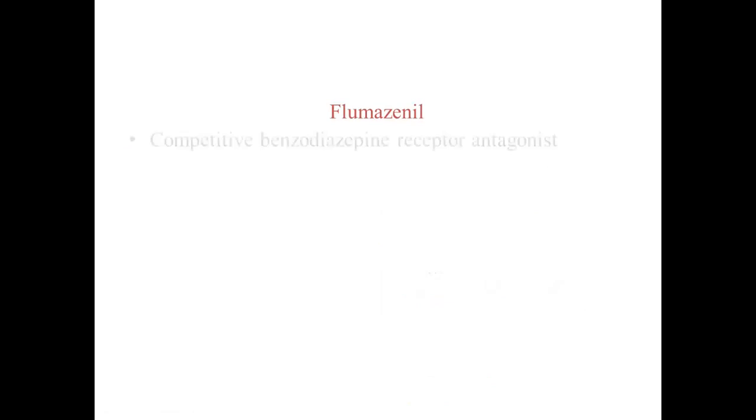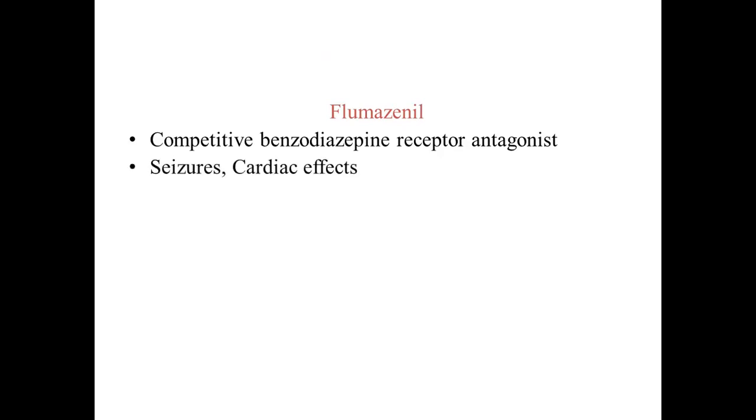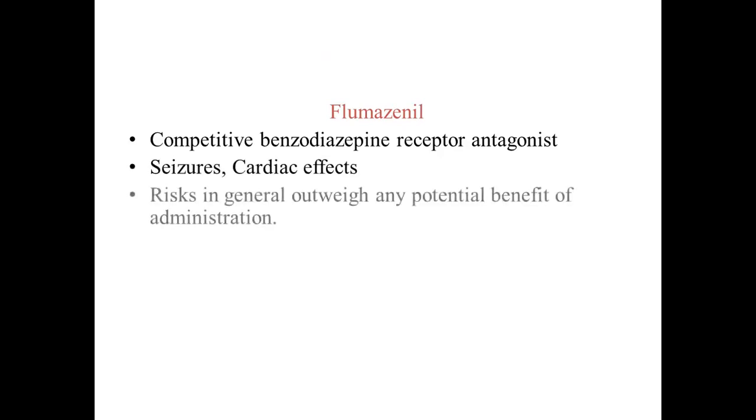So flumazenil is the competitive benzodiazepine receptor antagonist, which is the antidote for benzodiazepine overdoses. But it can also cause seizures and cardiac effects. And in general, the risk of flumazenil outweighs any potential benefit of administration.